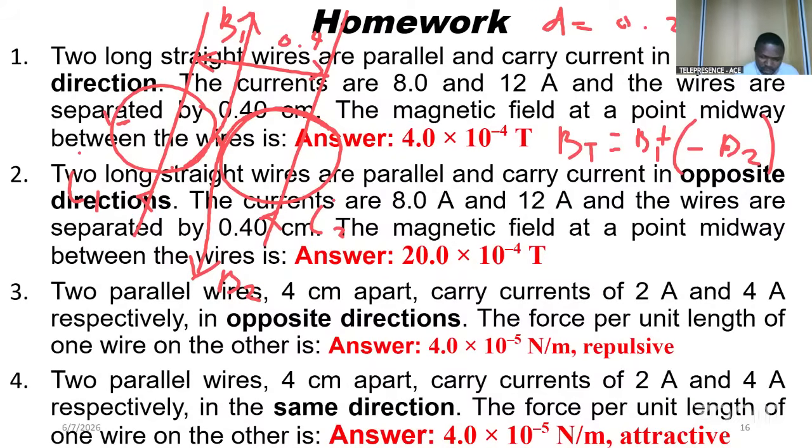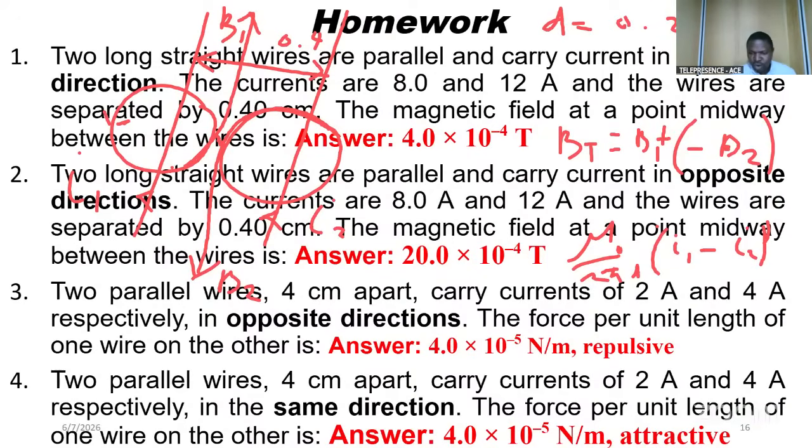Since we have our B equal to mu naught over 2 pi D into I1 minus I2. So from there, if we substitute this into the actual formula, we can determine our magnetic field at the midway.